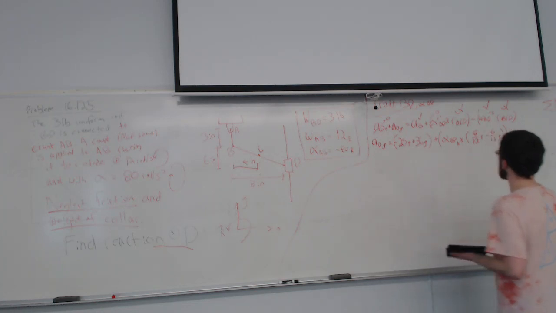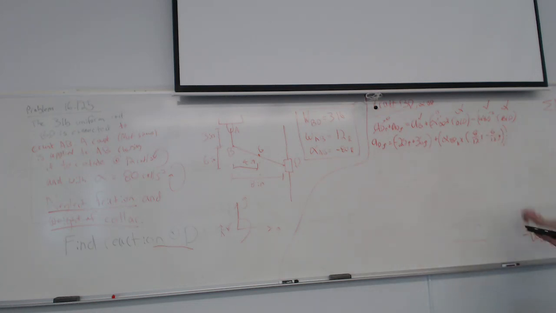And then minus, we just found the angular velocity of BD, and that was -6. So that's -6 squared times the same number right here.